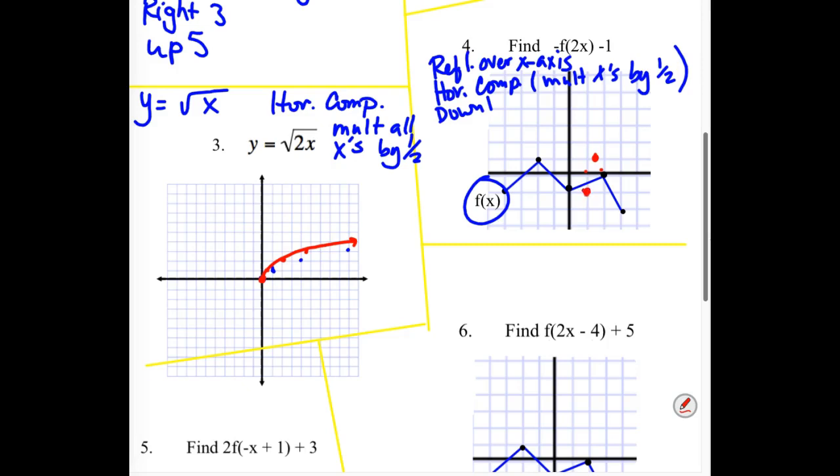So I'm going to land there. Okay. Starting with this point. Reflecting it over the x-axis puts me up here at 1. Compressing it. What happens if I compress 0? Still there. And then down 1. So my final spot should be there.